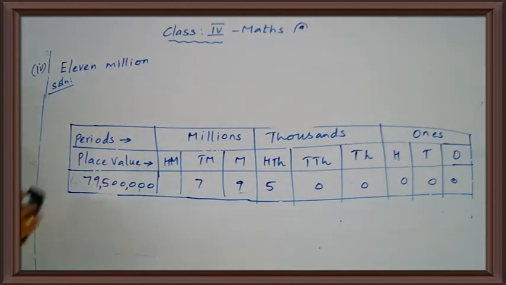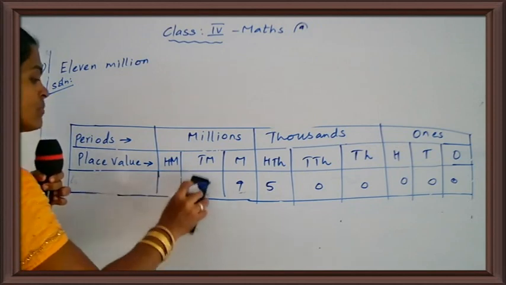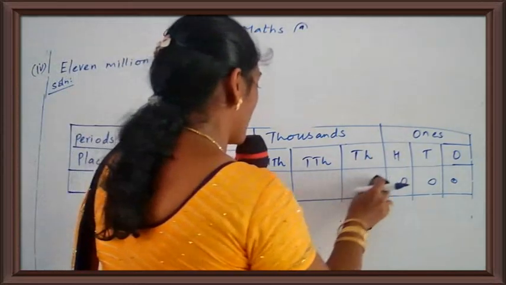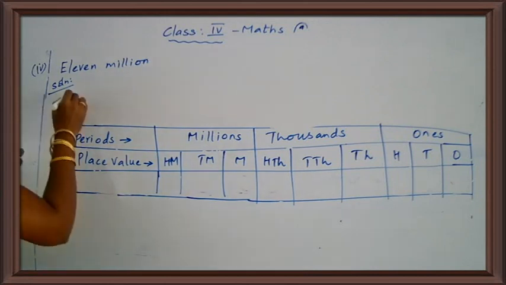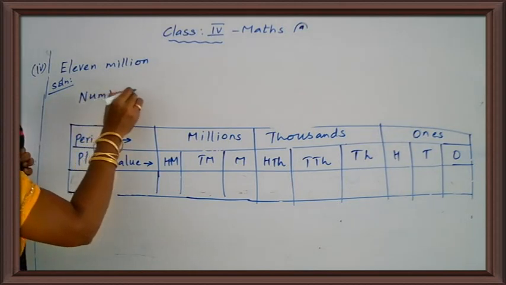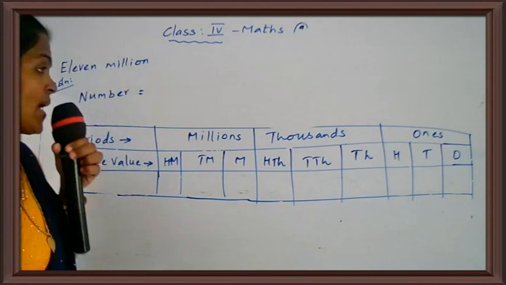So, what to do? Only millions period is given. Yes children, here no thousands period, no ones period. So your number is 11 million. Your question is given in number name. You write it in numbers now. Okay, 11 million. So do the place value chart.